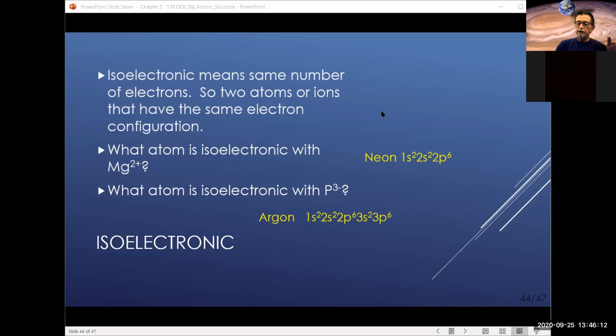Phosphide, by gaining 3 electrons, because it's in group 5, is now isoelectronic with argon. So by losing or gaining electrons, these elements now have the octet fulfilled with respect to their new valence shell.